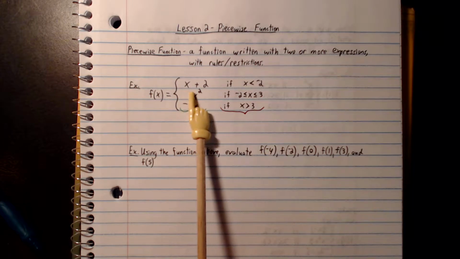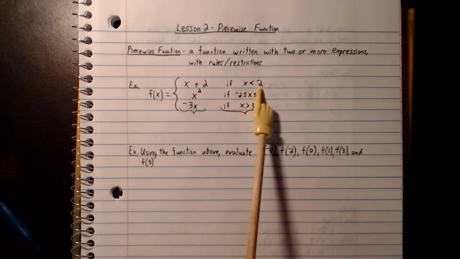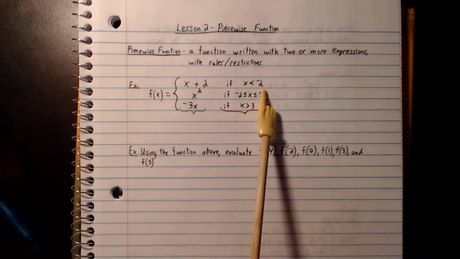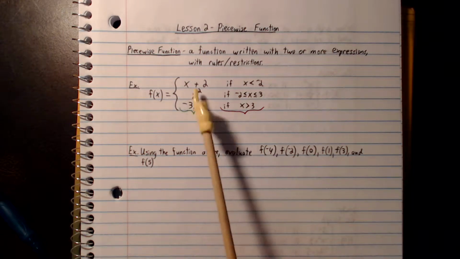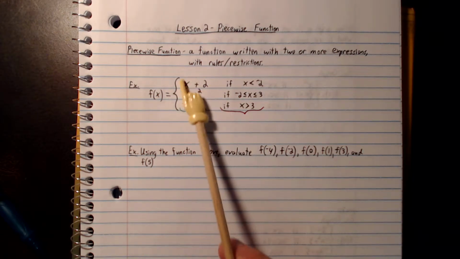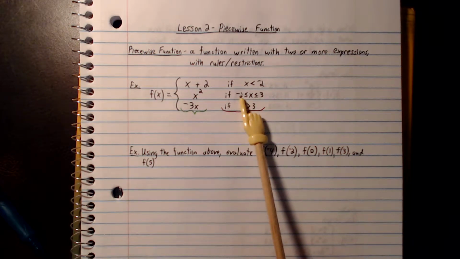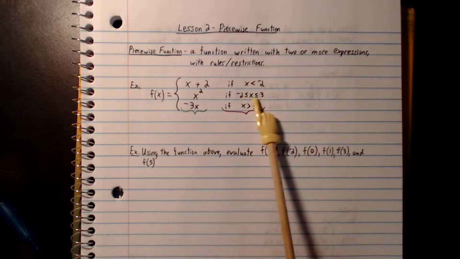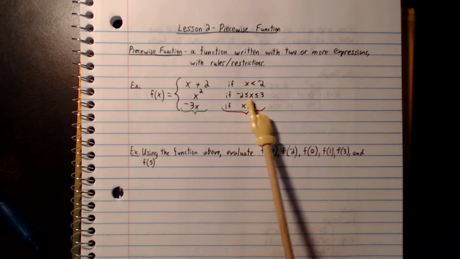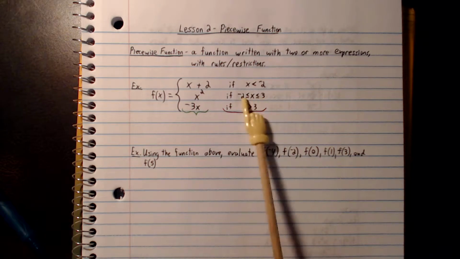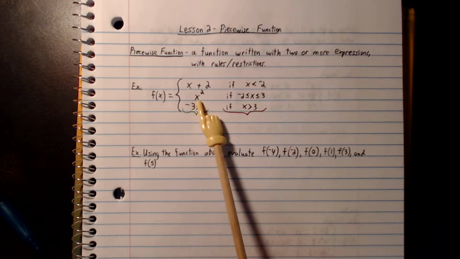For this example, any number x that's less than -2, so -2.1 or -3, -4, everything, anything less than -2, we would evaluate in this particular piece of the function. If we're using a number that's equal to -2 or in between and equal to 3, so -2, -1, 0, 1, 2, and 3, and all the stuff in between, any of those numbers would be evaluated right here in x squared.